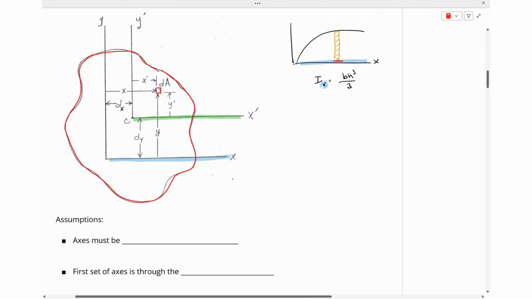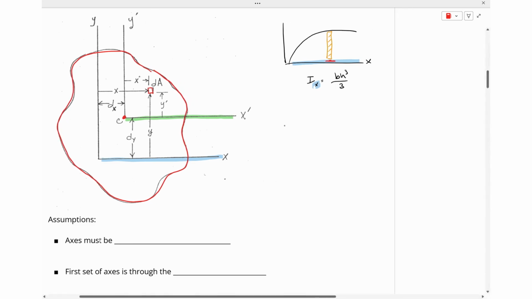And so this is a relationship between, again, the centroid of our object and the axes that go through there, and then offset a given distance. So if you look at the Ix prime, we're going to see that this x prime is the green axis, and it has a relationship of this y prime distance away.